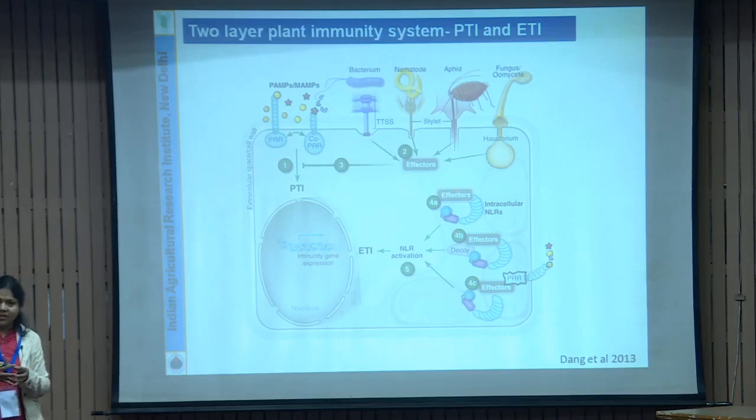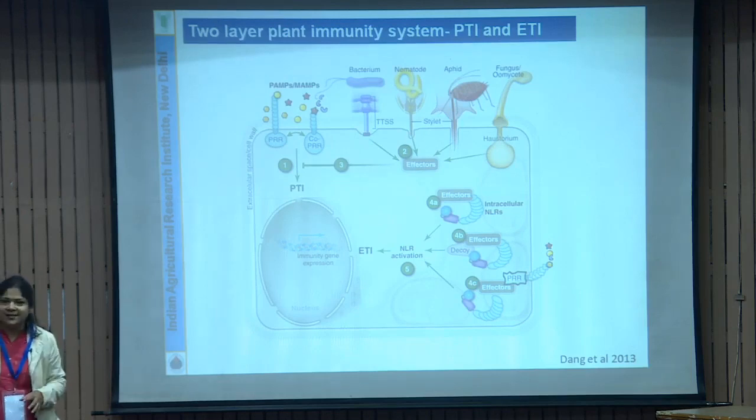As a result of the interaction, they produce a downstream signal and pass it on to the cell nucleus, so that the nucleus gets ready to respond to the attack of the pathogen, which has secreted its effector inside the cell.